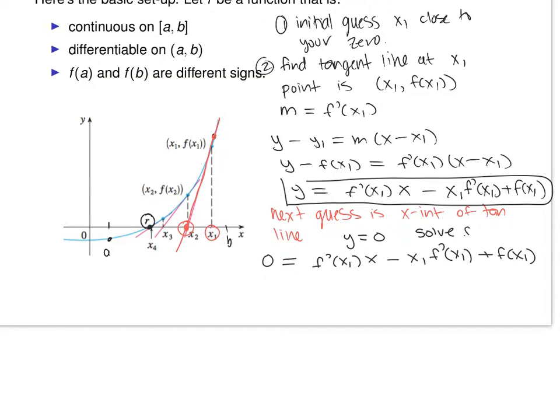Solve for x. And I mean x, I don't mean solve for x1, I mean get x by itself. So how would you start doing that? Which terms don't have x in them? The last two, right? So I'm going to put this term and this term on the other side. So I'll have x1 f prime of x1 minus f of x1 equals f prime of x1 times x.